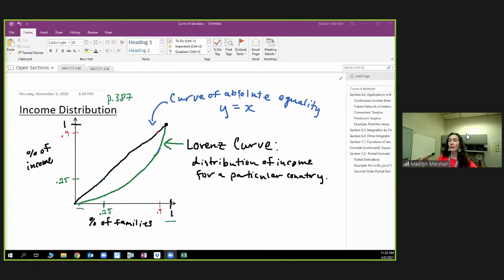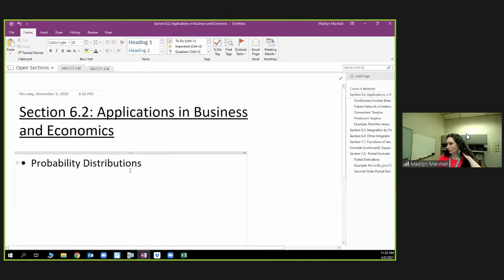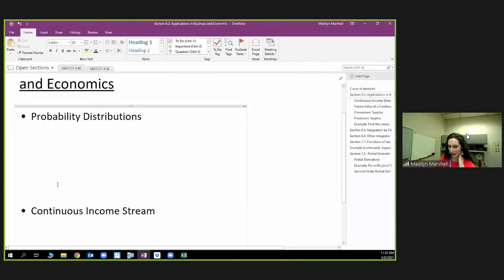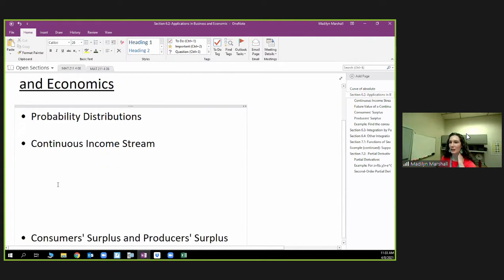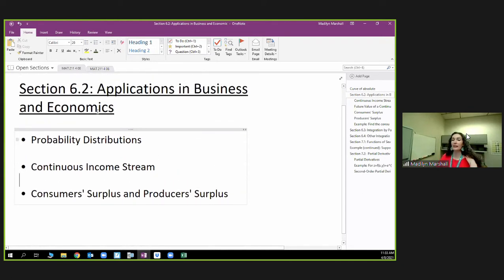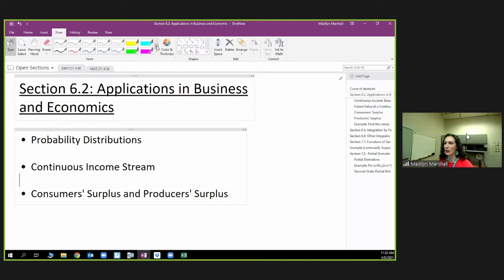So that was the end of 6.1. So 6.2. I mentioned on Tuesday, and I forgot to squish these together, there are lots of different applications for integrals. We talked a little bit about probability distributions on Tuesday, but that's just a little bit of FYI.